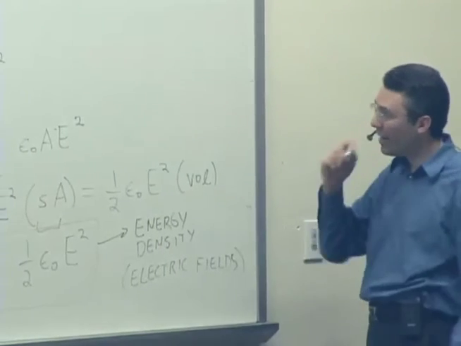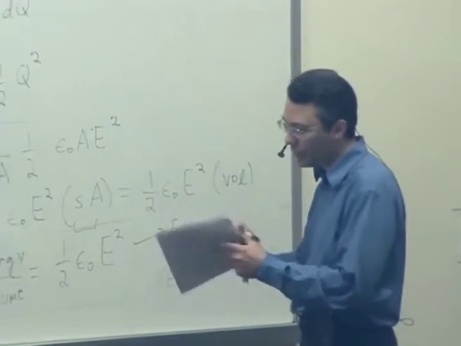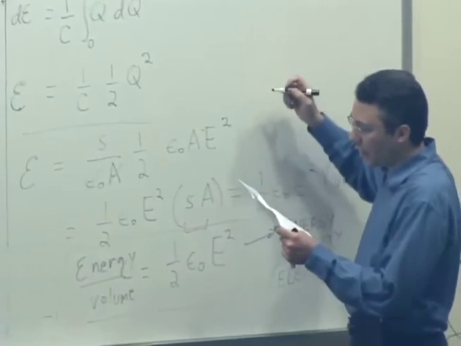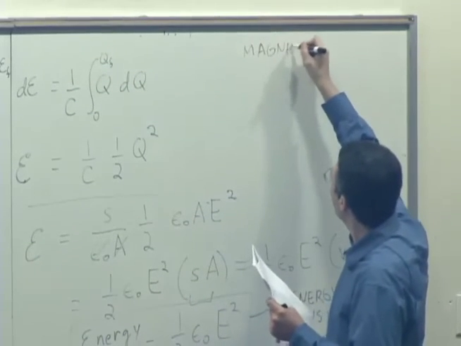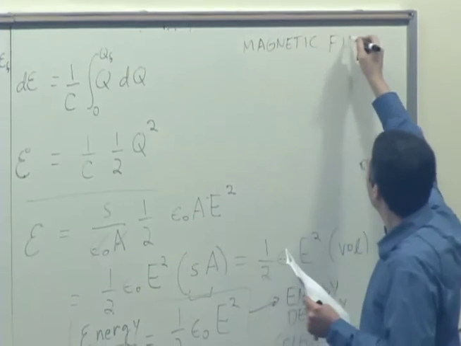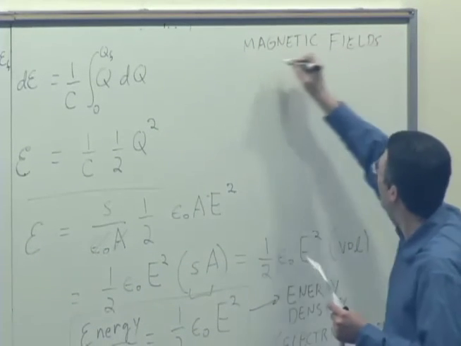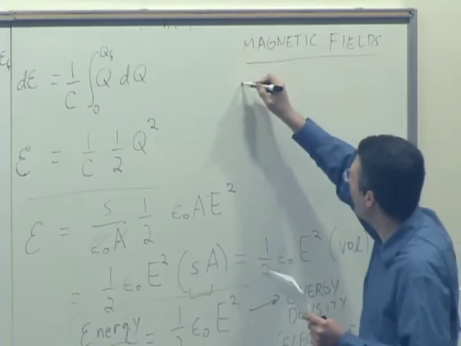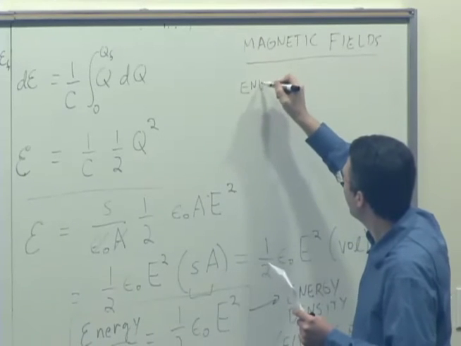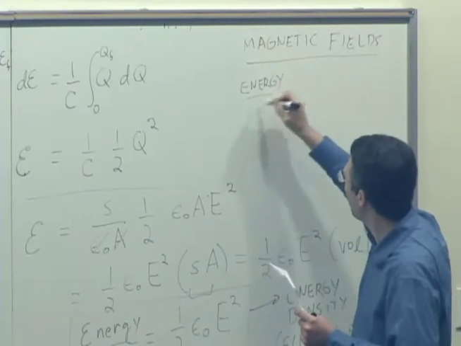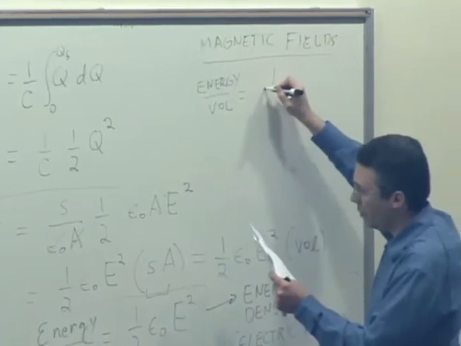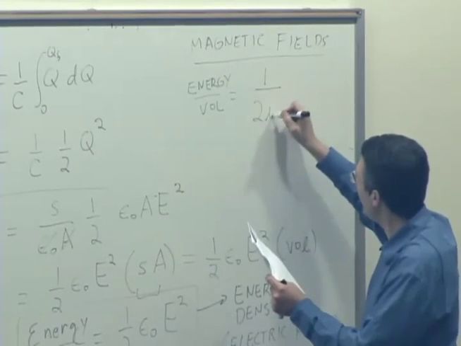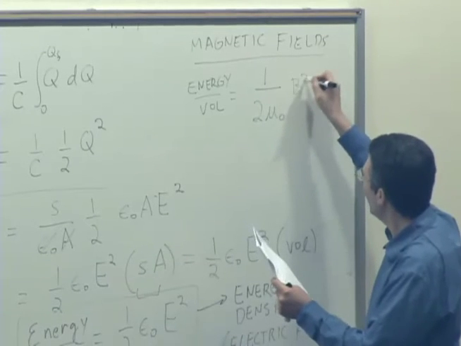I won't go through the derivation, but the formula looks similar. It turns out that for magnetic fields, the energy per unit volume, or the energy density, is 1 over 2 mu naught B squared.